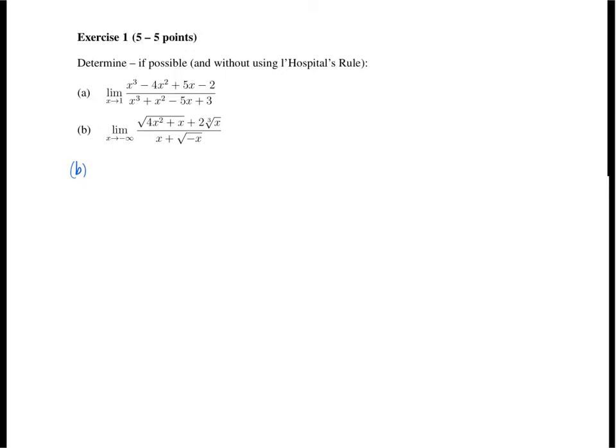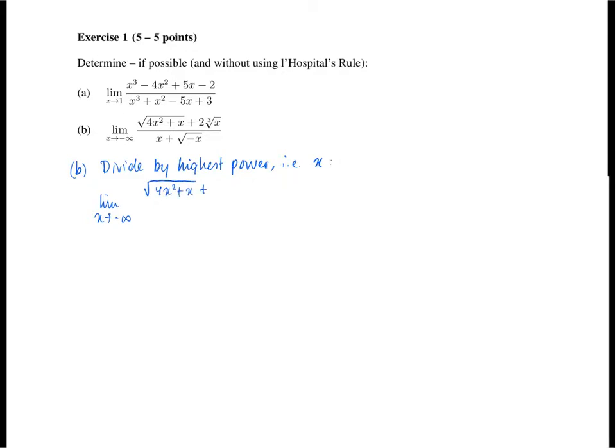B. Calculating the limit for x going to minus infinity. Well, for this limit, if we look more closely at the terms in numerator and denominator and at the highest power that is present, we see it's the square root of x squared in the denominator, which means a factor x, and this also holds true for the numerator.